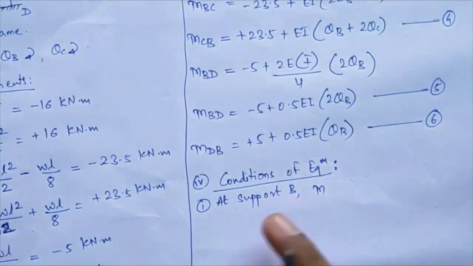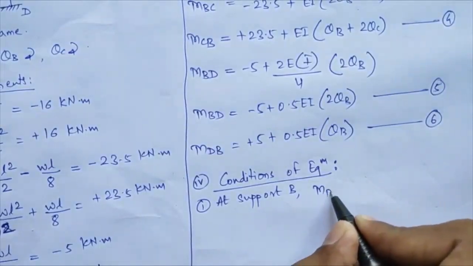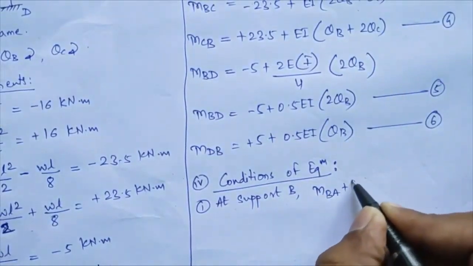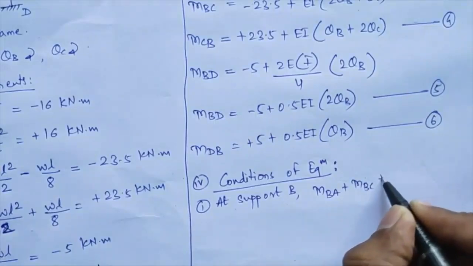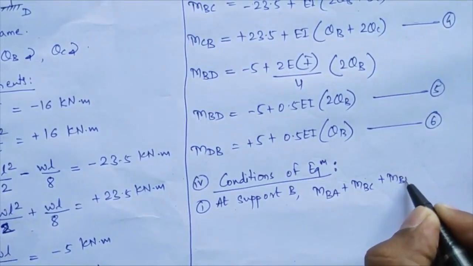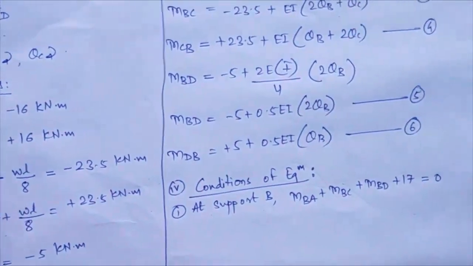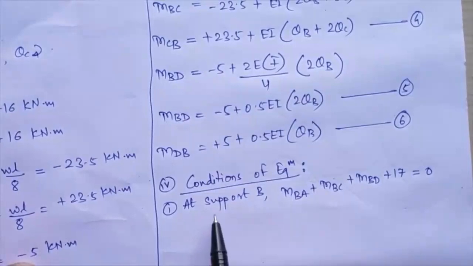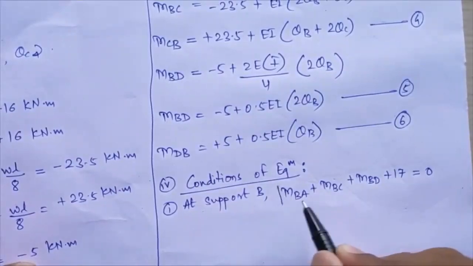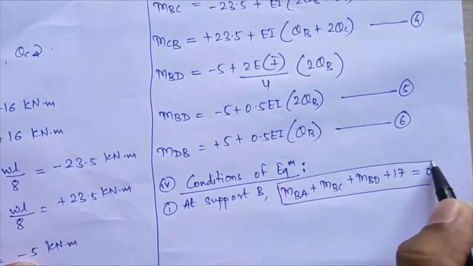So what will be my condition? That is MBA plus MBC plus MBD plus this 17 must come equal to 0. So this will be my condition of equilibrium at joint B.